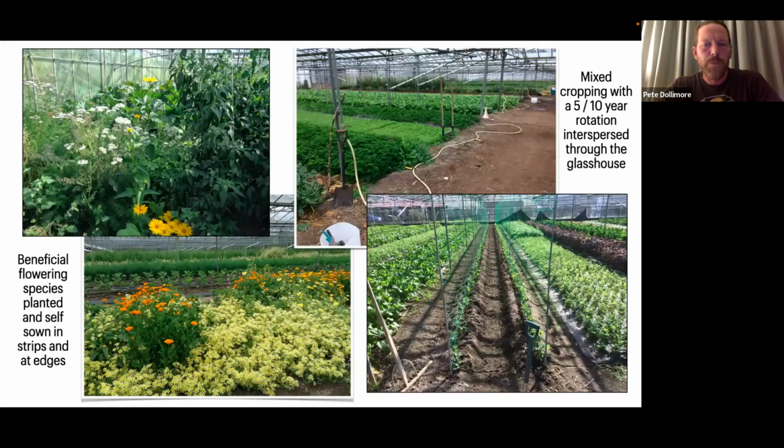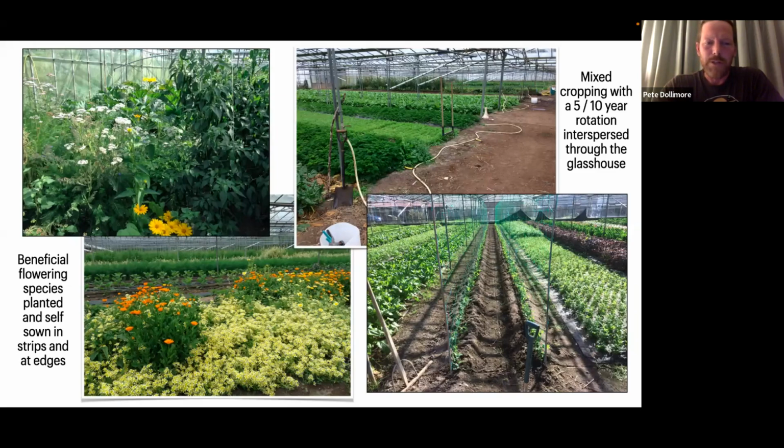We've tried to increase flowers, you can't really have enough things flowering. Obviously you don't want it full of nice flowers and no crops, but the more continuity of nectar that's available, the more you're helping all those beneficial insects keep going and keep breeding.